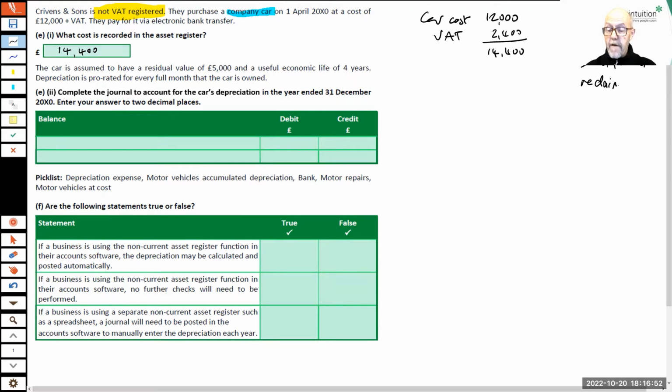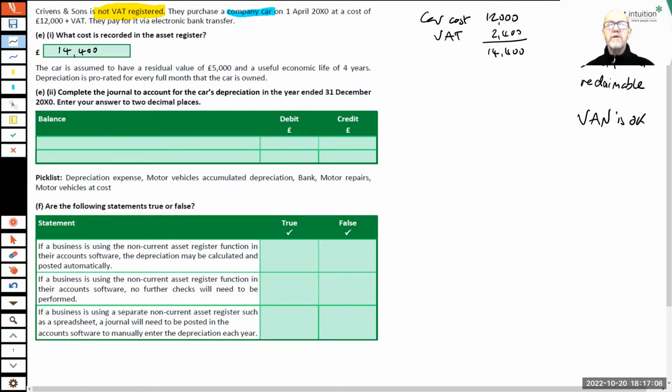So do watch out for cars. But if it's a van, that is okay. You can claim the VAT back on a van, whatever you do with it.